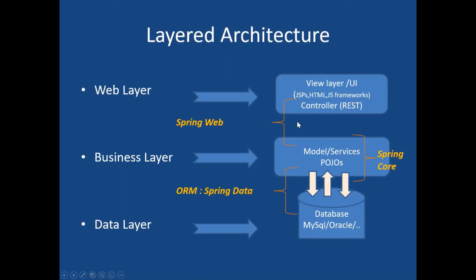As you know, RESTful web services are in demand, and your application may have REST API endpoints. So Spring provides support for REST API as well, and that is also part of the Spring Web module only. So as we can see here, Spring targets each and every layer of our enterprise application development.